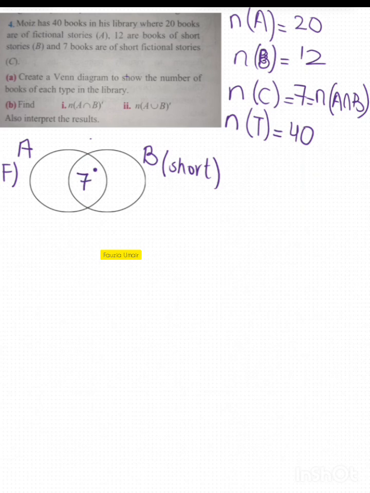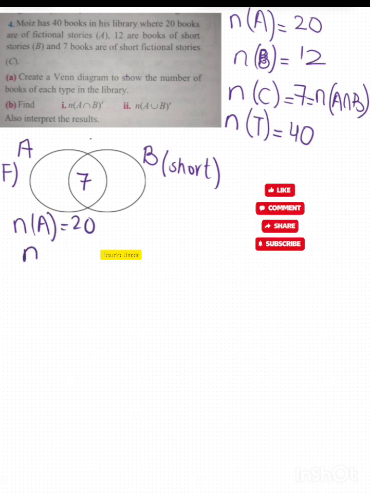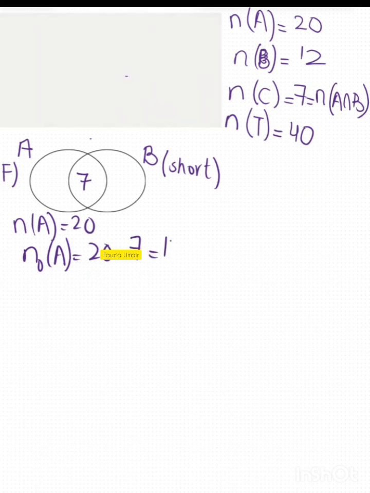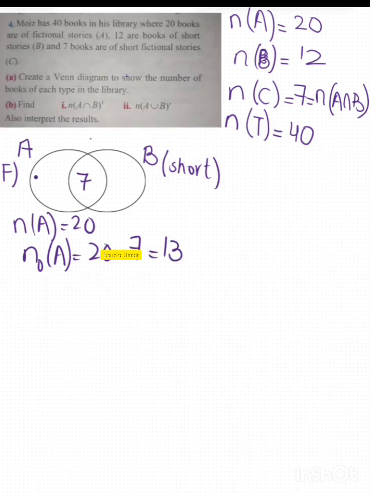That means that the A and B, the common area, is having 7 books. So now total number of elements are 20. So number of elements which only belong to A are basically 20 minus 7. Same method which we used in the previous questions. So 13 are the books which only belong to set A.